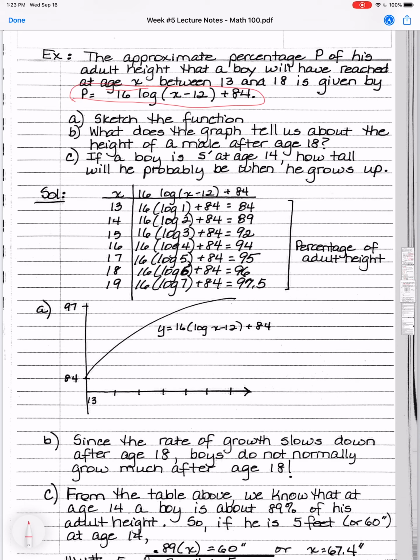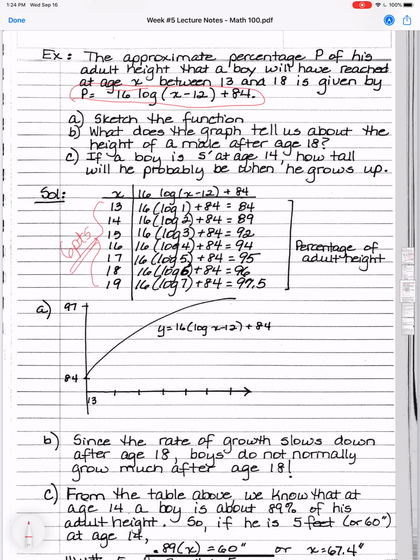So let's start by sketching the function. Just like you had in one of your earlier tests, one of the first things that we do when we're sketching these functions is to pick about 6 data points. That usually gives us a pretty good visualization of what the graph is going to look like.